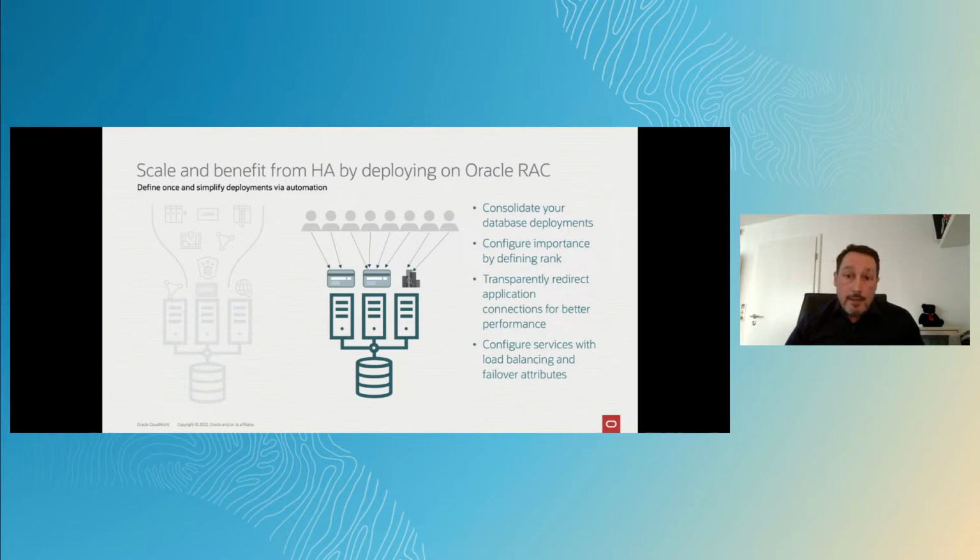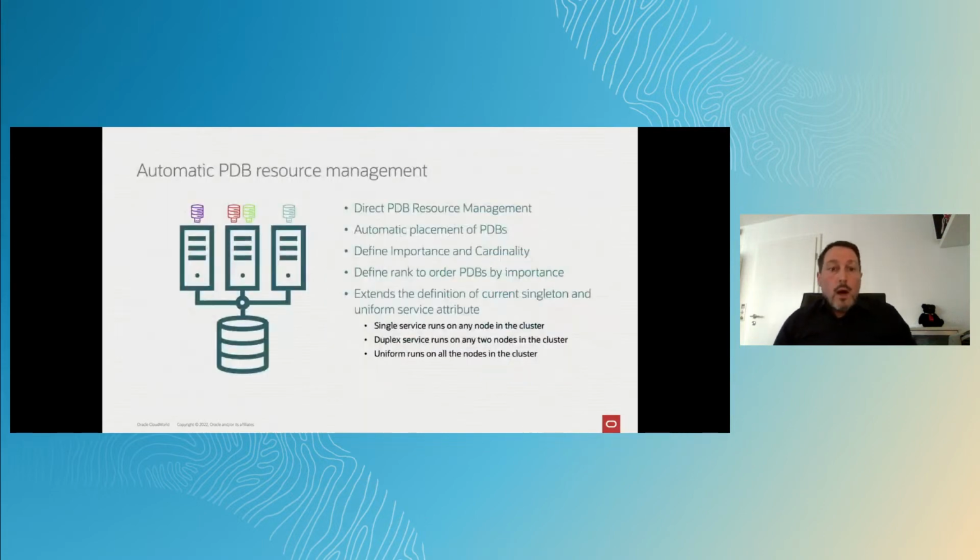And now let's look at the details on how this all is working. While already with 19C, you had the capabilities of having PDB resource management, there was no capability upfront to decide how the PDBs will be placed within a Real Application Cluster. As you surely know, pluggable databases can only be opened on a single node, providing you with a single instance experience, even though you still get the high availability advantages of a Real Application Cluster.